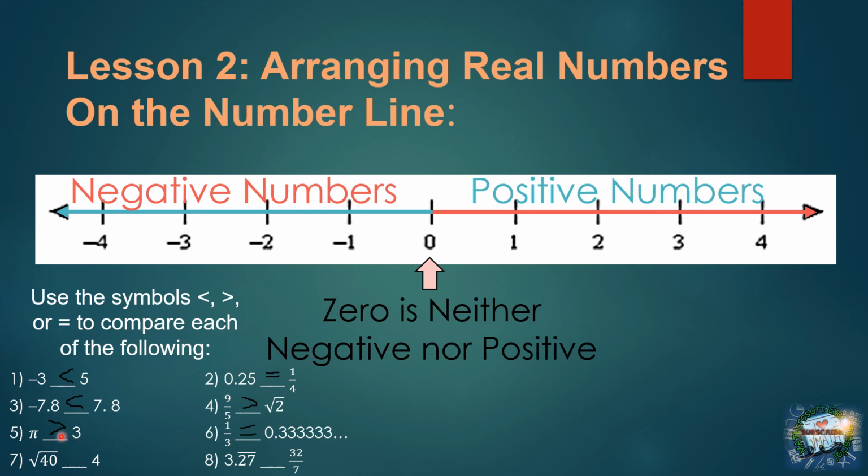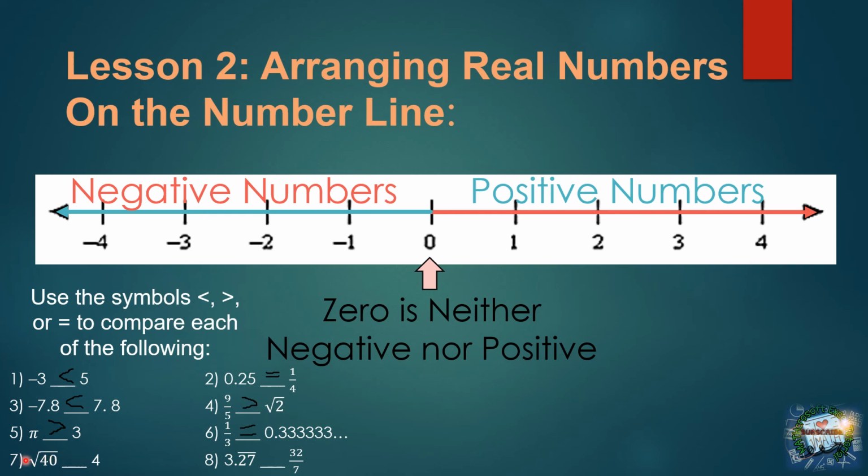So, how about this one? Square root of 40 and 4. Square root of 40, it's between square root of 36, which is 6, and square root of 49, which is 7.